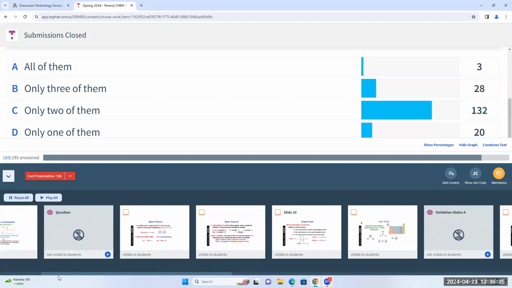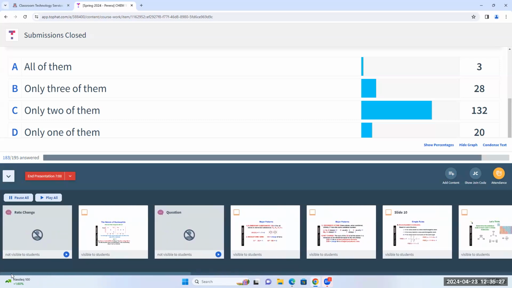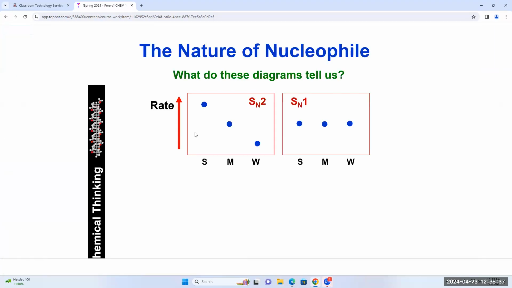But before that, I just want to remind us what we've been doing, okay? So towards the end of last Thursday's lecture, we started talking about nucleophile strength, and how it affects SN1 and SN2 reactions, okay? So we saw that nucleophilicity or nucleophile strength does not affect the SN1 reaction.